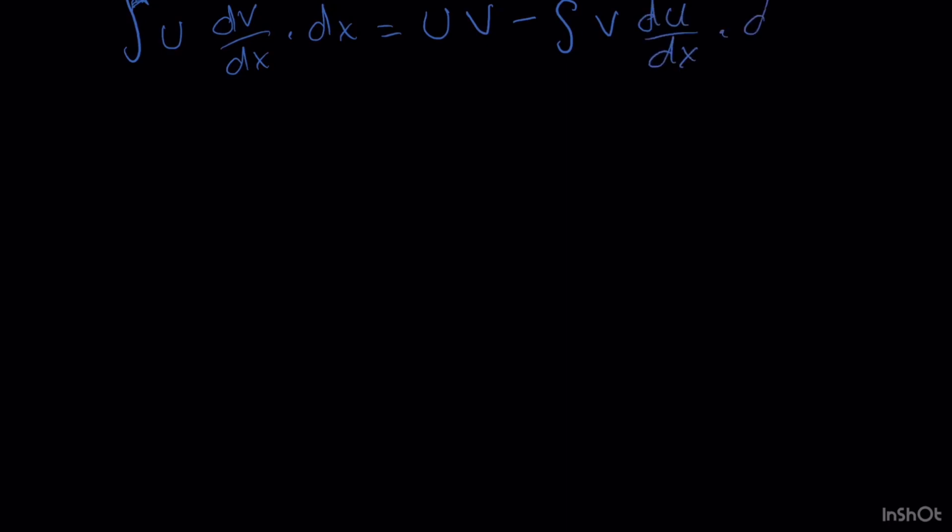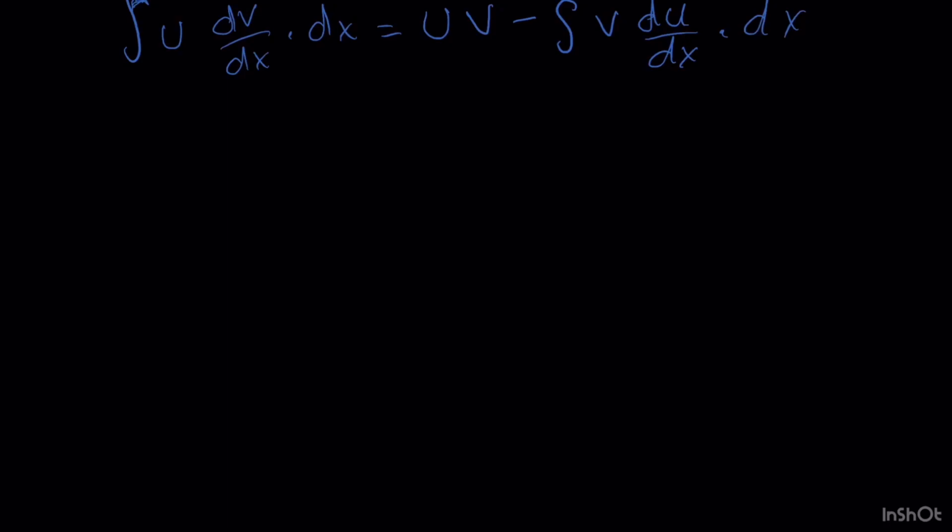So the formula for integrating by parts, as I said, is the integration of u dv over dx dx equals uv minus the integration of v du over dx dx.